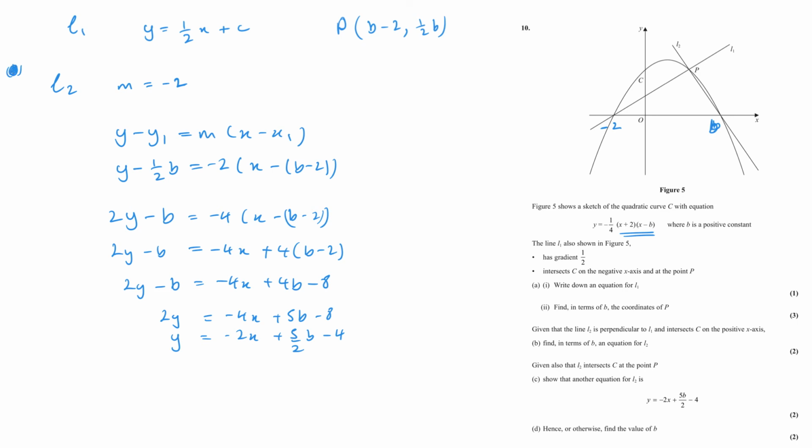So let's turn this into part C. So what did part B want us to do? Find an equation another way. So using the coordinates b, 0 and m is minus 2.